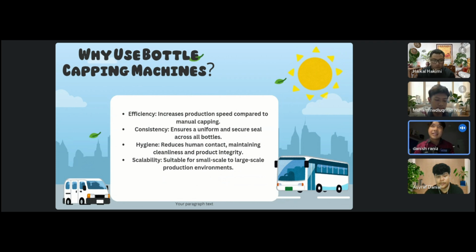Hygiene is a must in the cosmetic industry because we need cleanness and product integrity. And the last is scalability, suitable for small-scale to large-scale production environments.